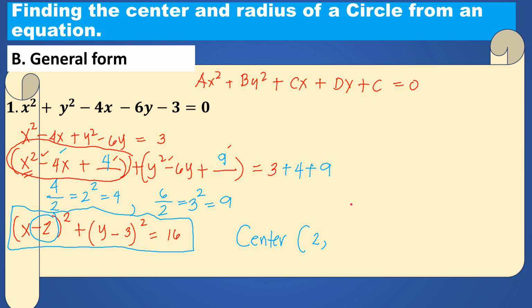Thus our y coordinate of our center comes from that y minus 3, and the additive inverse of negative 3 is positive 3. And for our radius, the square root of 16 is 4. Thus, our radius is 4. So the center and the radius are already known. Thus, we are done with number 1.